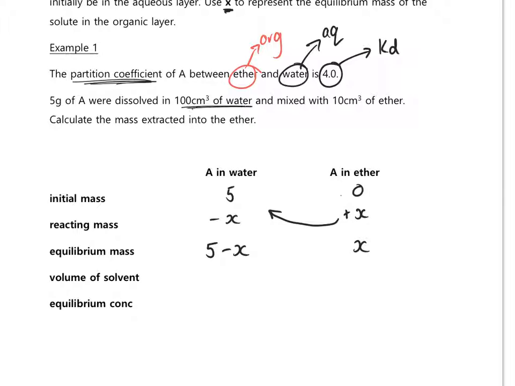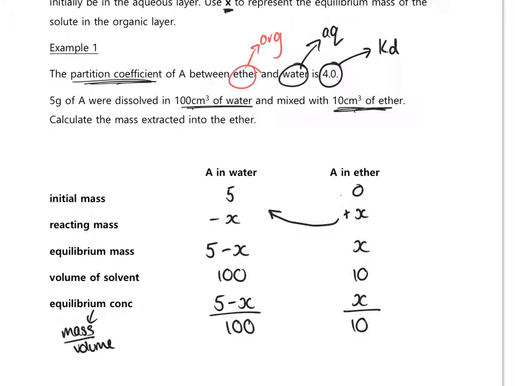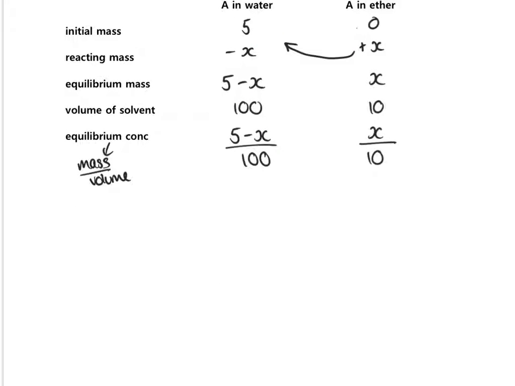You can see that I've got 100 centimetres cubed of water and just 10 centimetres cubed of my ether. Equilibrium concentration, remember, is mass over volume. So equilibrium concentration of A in water is going to be 5 minus X over 100. And in ether, it's going to be X over 10. What I do now is plug these values of equilibrium concentration into my expression for KD.